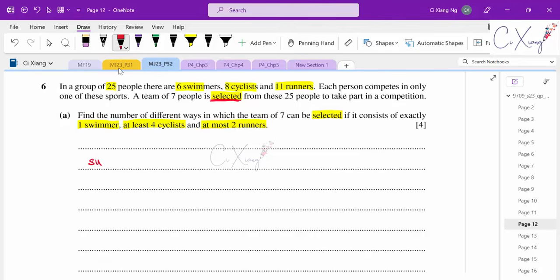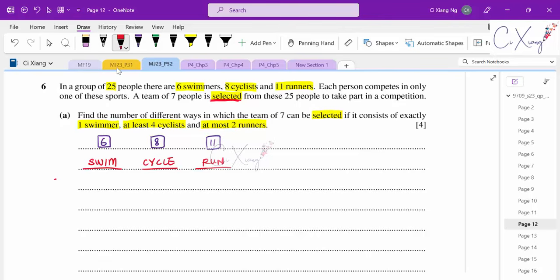So maybe I will list out my members as 3 groups: swimmers, cyclists and runners. Originally I have 6 swimmers, 8 cyclists and 11 runners.